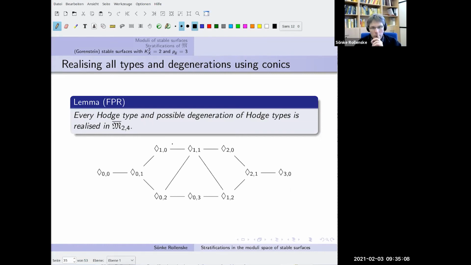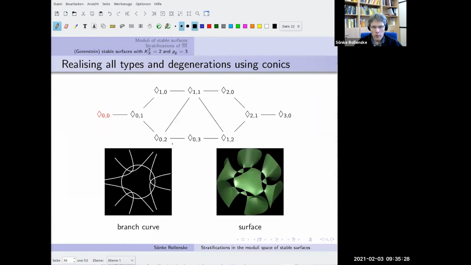Every Hodge type and possible degeneration of Hodge types is realized in this moduli space. This is good news because a priori, the Hodge type should see something, right? And it should be meaningful for our moduli space. So it's good news. And let's do this with pictures.